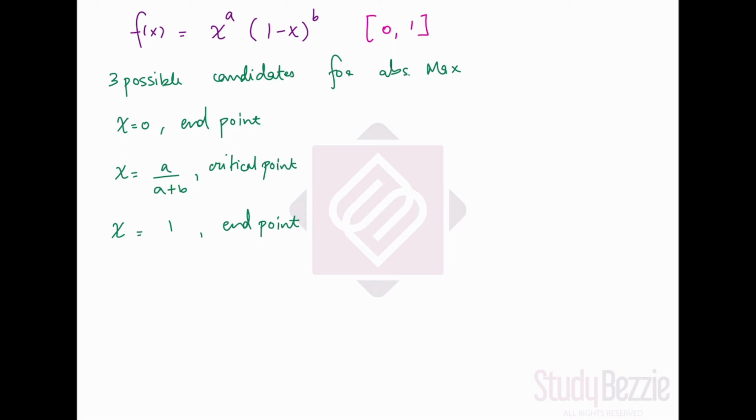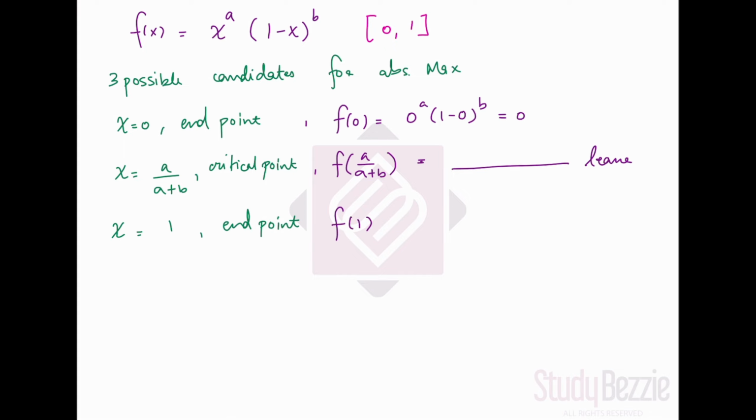So we got all these figured out for us. And now we're going to plug these into the function and check what results we're getting. So when you plug in f of 0, 0 to the power of a times 1 minus 0 to the power of b is going to be 0. f of a over a plus b, I'm going to compute that in a second. Okay, I'm not going to do that just yet. I'm going to leave it for now.